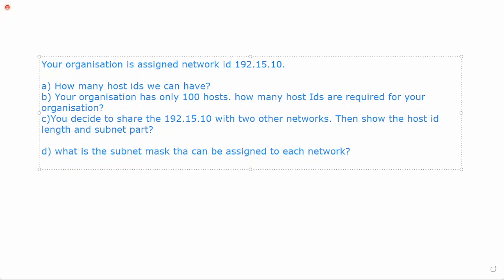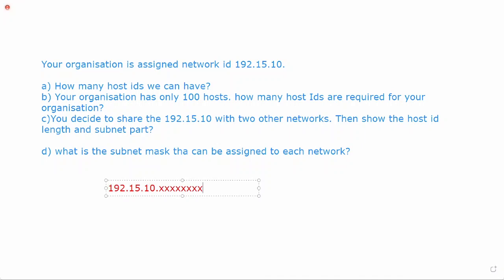That means this part is fixed, right? 192.15.10 is fixed, and then you have how many digits? 1, 2, 3, 4, 5, 6, 7, 8 digits that you can change as you want, right?